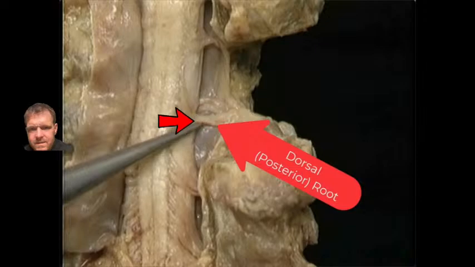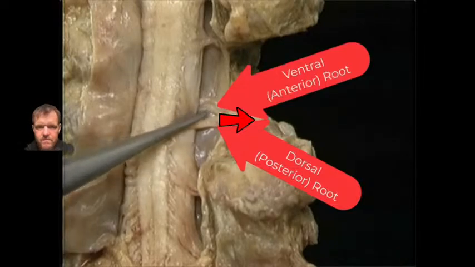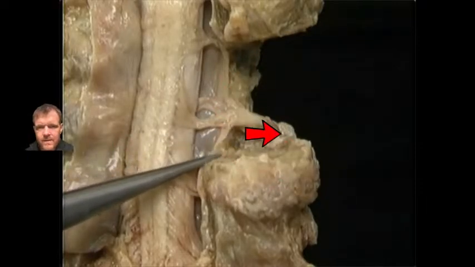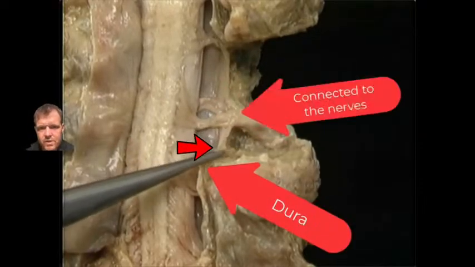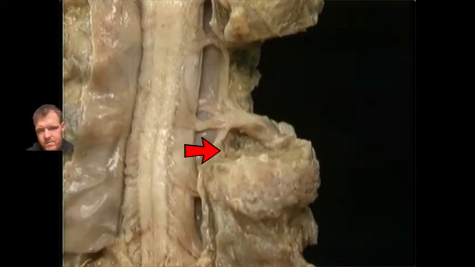So these rootlets will be sensory nerves, and those ones at that bit there will be motor. And then they'll come out, and they've chopped a bit of the side of the vertebra off so you can get a good view. But they'll come out and then form a mixed nerve root. So there's the ventral at the front, and then there's the rootlet. There's the dura. You can see it's continuous with the nerve root to protect everything.